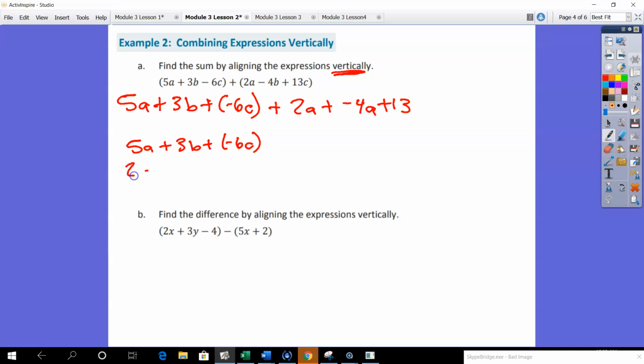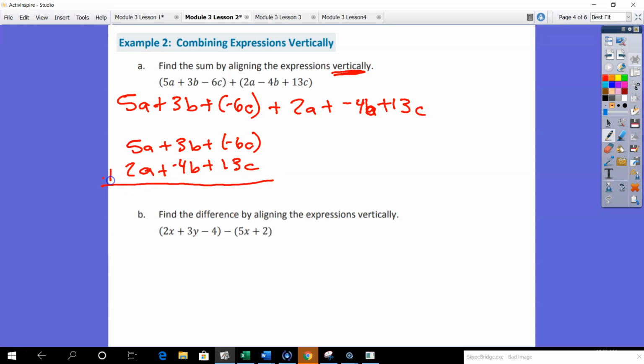And then we have 2a plus a negative 4b plus 13c. Oops, I messed that all up.